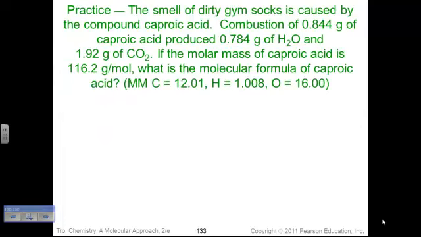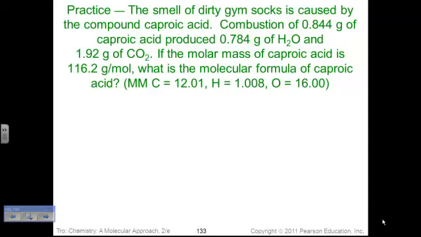Here's a problem that we can pause the video. The smell of dirty gym socks is caused by a compound, caproic acid. Combustion of 0.844 grams of caproic acid produced 0.784 grams of water and 1.92 grams of carbon dioxide.